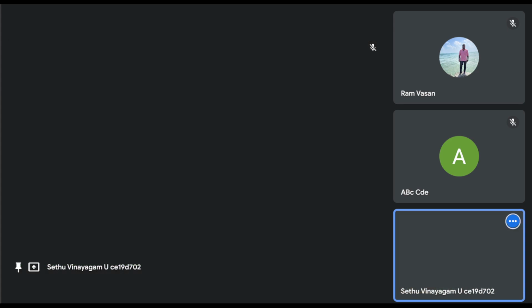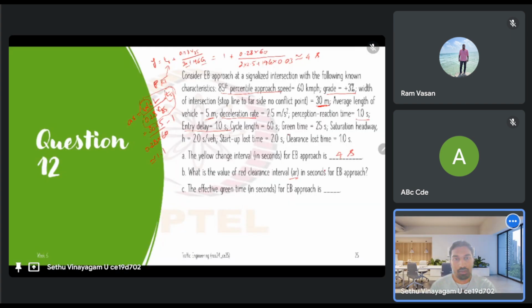Green time is the time that is available for all the vehicles, right? Irrespective of how many vehicles are going to use it, the effective green time is not going to be per vehicle.